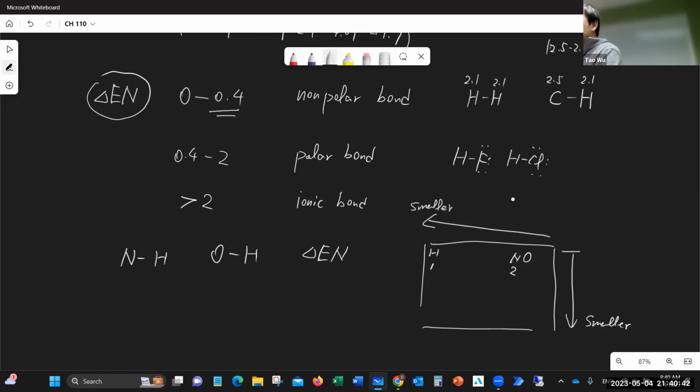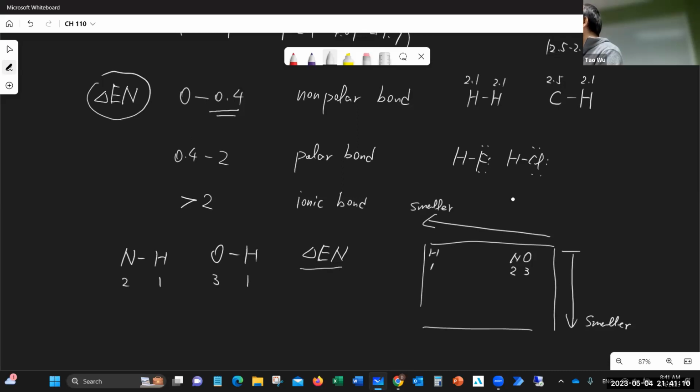So you can mark this guy as 2, right? Then nitrogen and oxygen, which one is bigger? Oxygen is bigger. Then you can see this is 3. And then tell me which one got a bigger difference. This guy is 2 and this is 1. This is 3 and this is 1. Which one has a bigger difference? Oxygen and hydrogen.